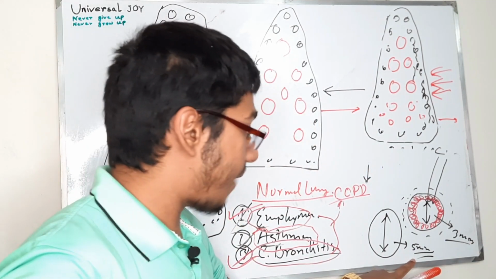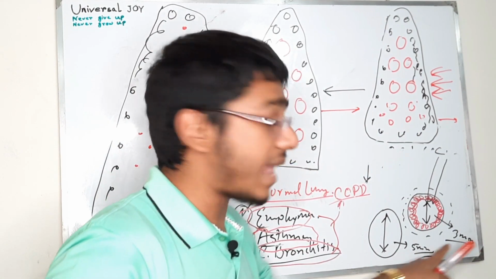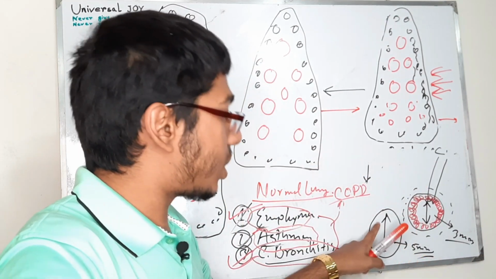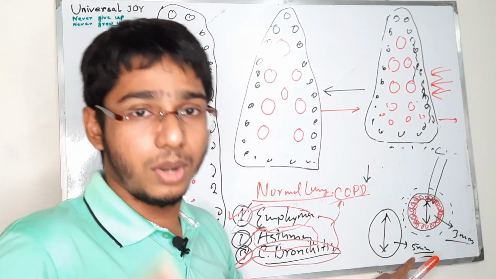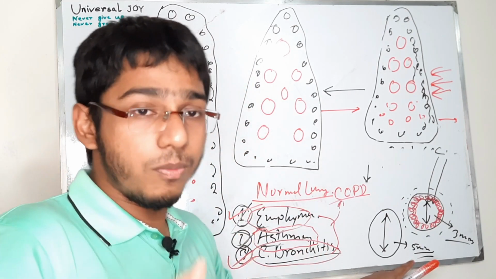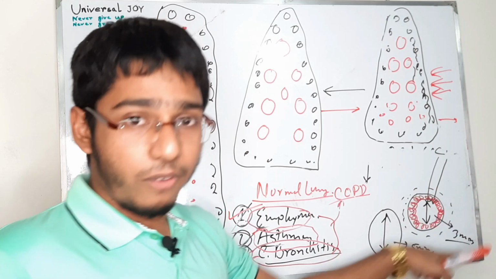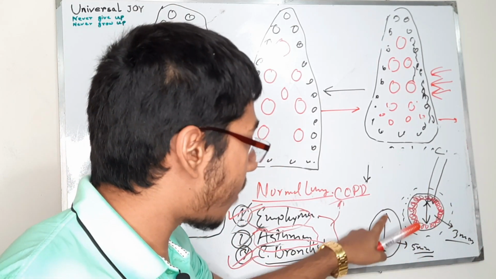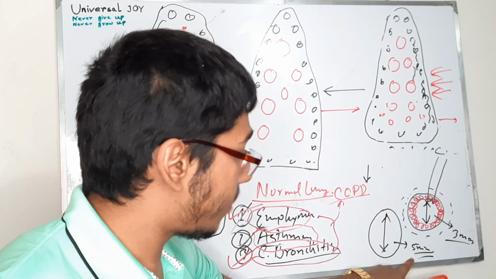However, having said that, these are not exact numericals, but for your betterment I'm assuming the aperture's diameter of the airway to be 5 millimeter normally, so that you can correlate the numericals with the airway obstruction. So prior to the abnormality, the diameter of this aperture of the airway was approximately 5 millimeter.